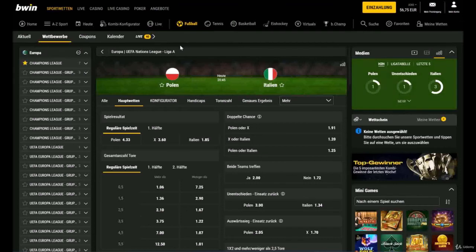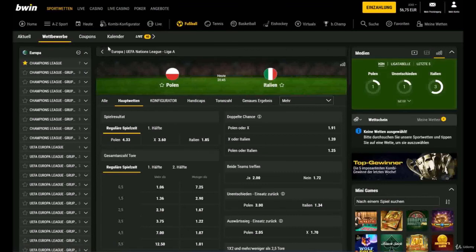Okay, so we got Poland against Italy. Italy's strong favorite. Italy very strong on the defensive side. Not that much conceded right there. And we got Poland. Both teams have a strong run. Poland at home.